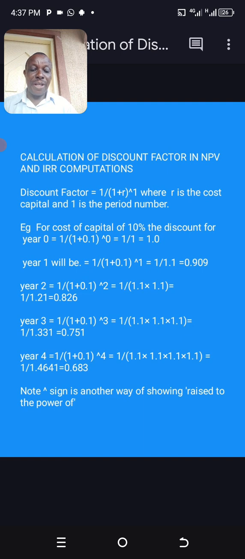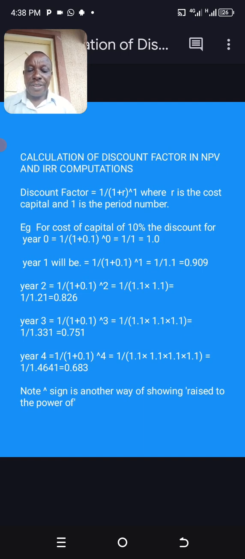So this will be equal to 1 divided by 1.1 times 1.1. If you use your calculator, 1.1 times 1.1 is 1.21. So this gives us 1 divided by 1.21. If you divide this out, you have your answer of 0.826 as our discount factor for year 2.